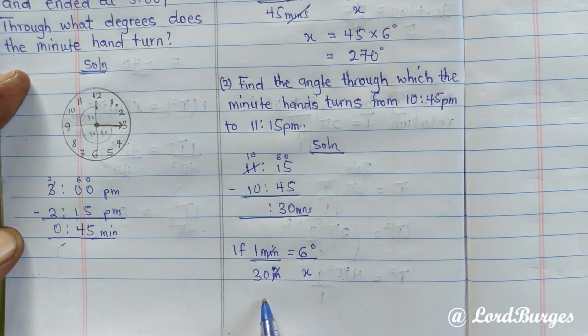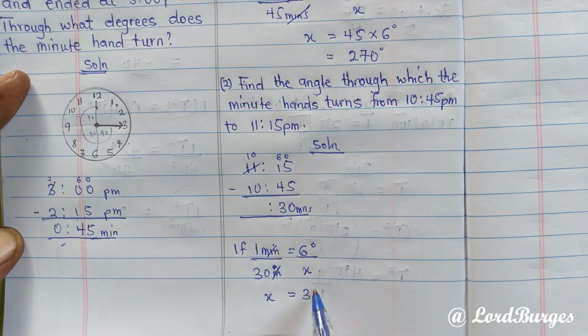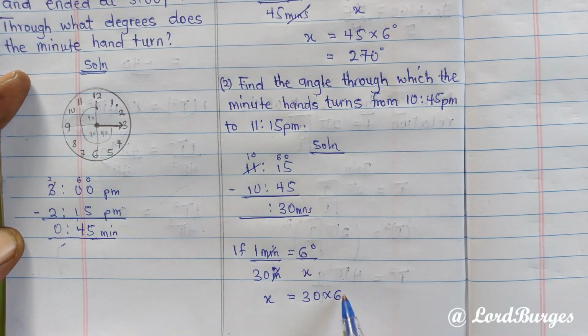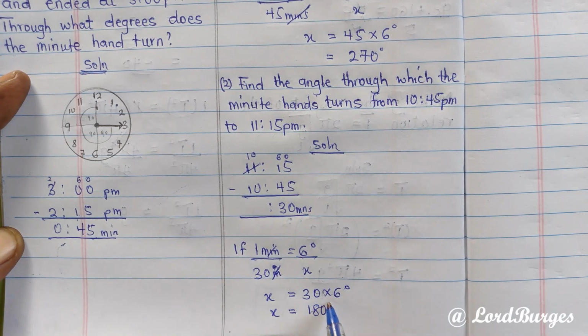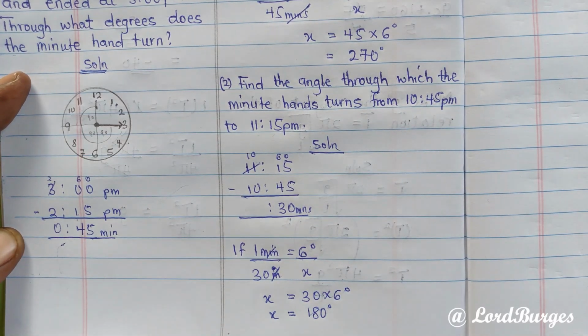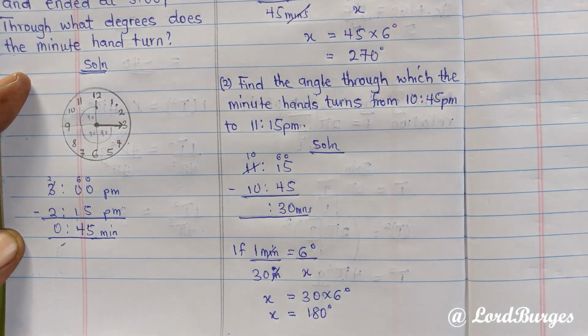Then x times 1 is x, is equal to 30 by 6 degrees. So x will give us 180 degrees. So this is how to solve problems on time and angles.